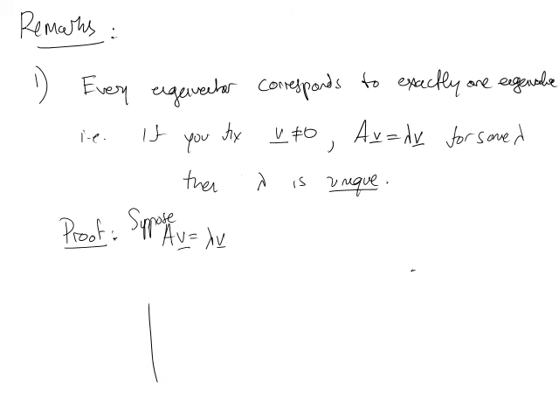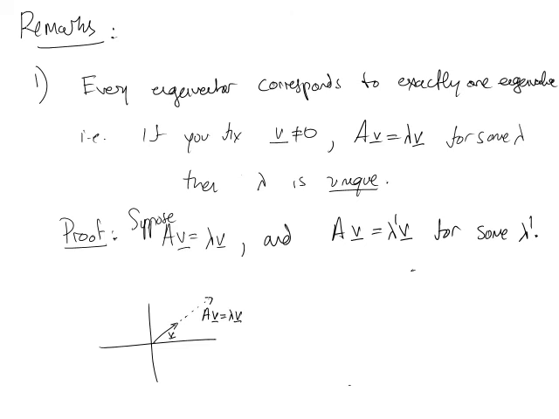So what that means is that there's this picture here, and you had some vector v. When you hit it with A, it got stretched by some factor to get lambda v. Now suppose it's equal to lambda prime v for some other number lambda prime. Well, then lambda v equals lambda prime v, since they're both equal to Av, which means lambda minus lambda prime times v is equal to 0.